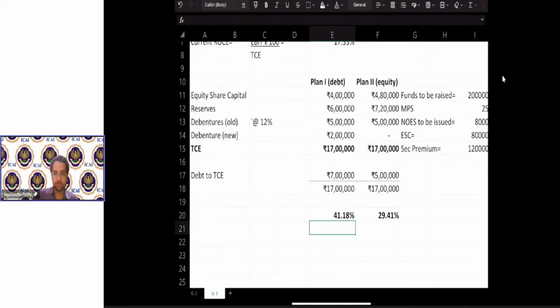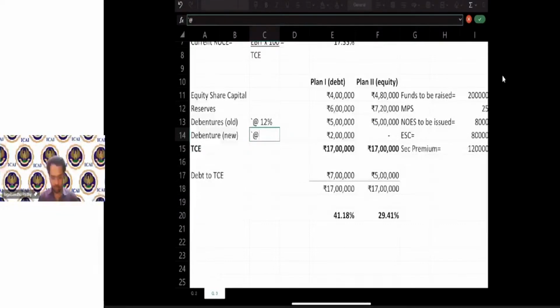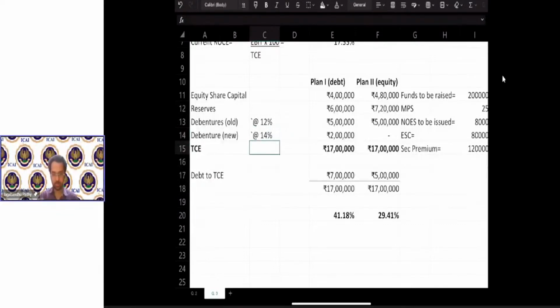So here we have this debt equity thing, and for this 41%, your debenture is going to cost you 14%, right? Because the debt to total capital ratio is actually increasing.